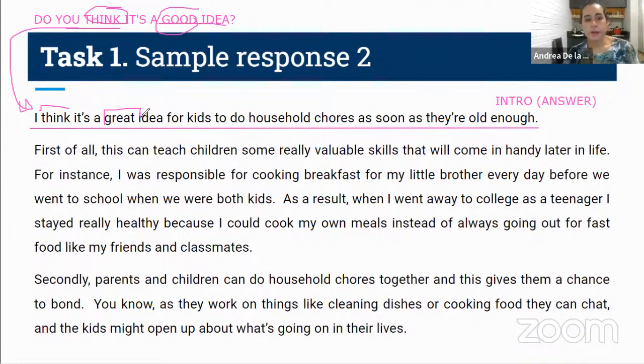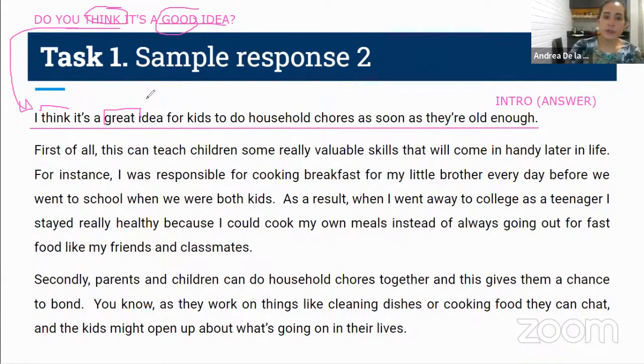So it is different if I say, yes, I would say that it's a good idea for kids to do household chores, than if I say something like, I think it's a fantastic idea for kids to do household chores, right? Or if I say, I think it's an awesome idea, or I think it's the best idea that kids do household chores.